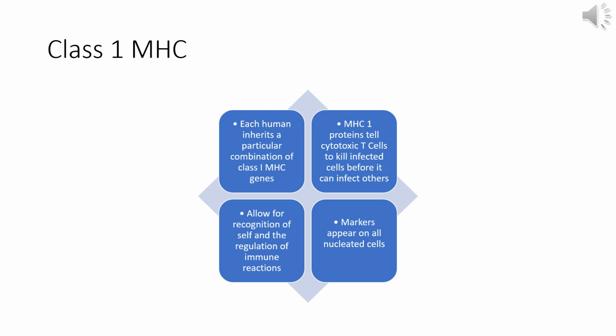It also has proteins that tell cytotoxic T cells to kill infected cells before it can infect others. It also allows for recognition of self and regulation of immune reactions. And then finally, this is one of the main differences between class 1 and the other 2, is that the markers will appear on all nucleated cells.